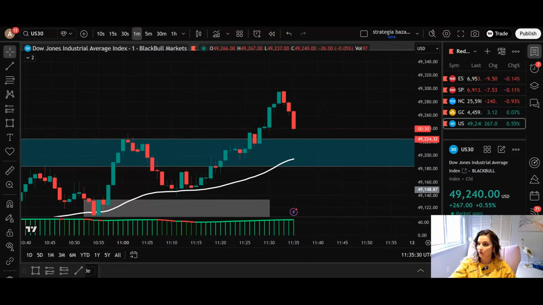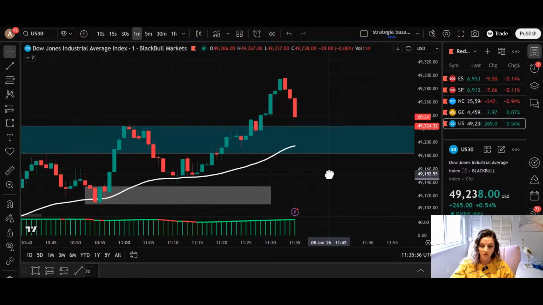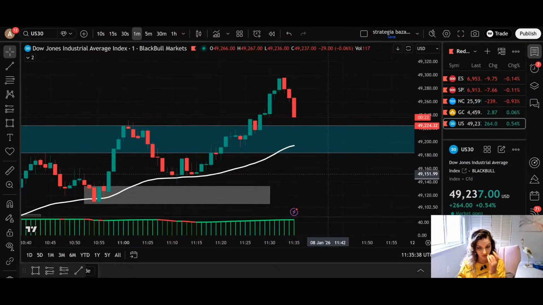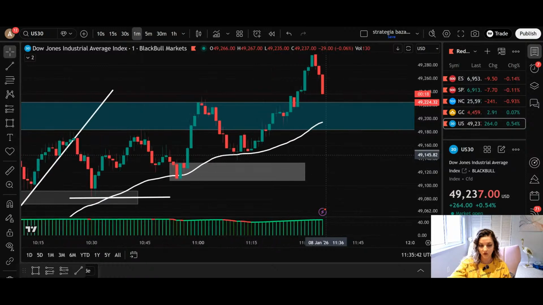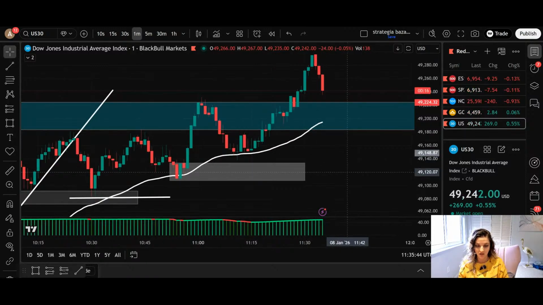Oh, it's aggressive though. It might not be a retest and it be a fake breakout. You know, at this point, Harpal, you can move your stop loss below the EMA. So you take some profit.